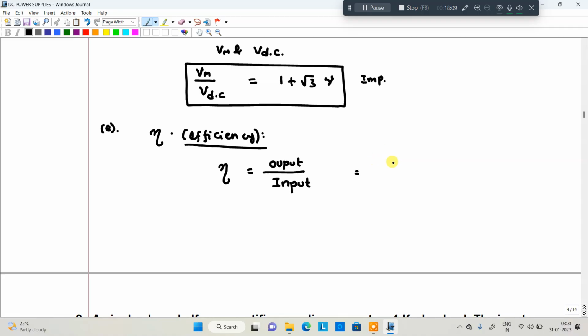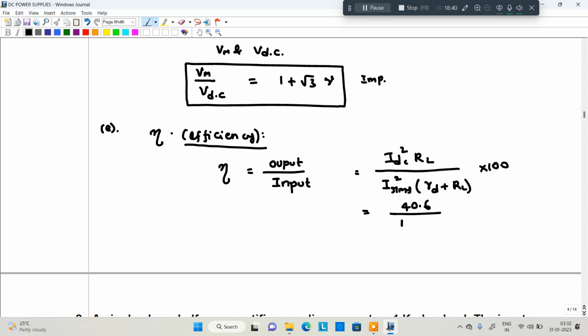IDC squared into RL, that is the output, divided by the input, which is IRMS squared. Input is AC, right? IRMS squared into the diode forward resistance plus load resistance, into 100. I will substitute the IDC and IRMS values from the previous cases. Directly I will get 40.6 divided by 1 plus RD divided by RL.